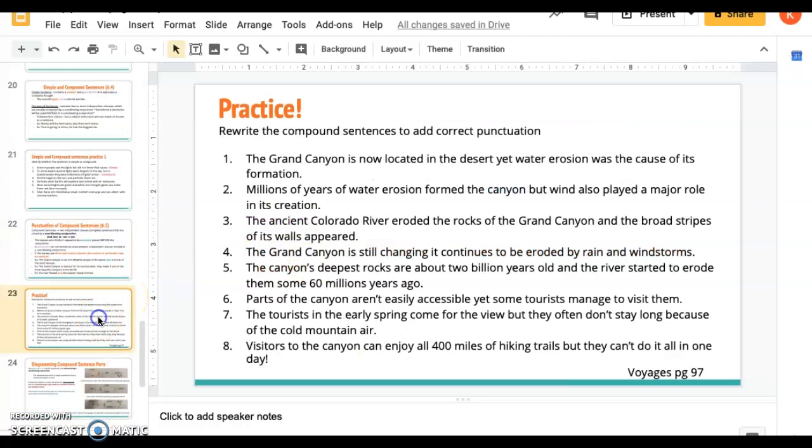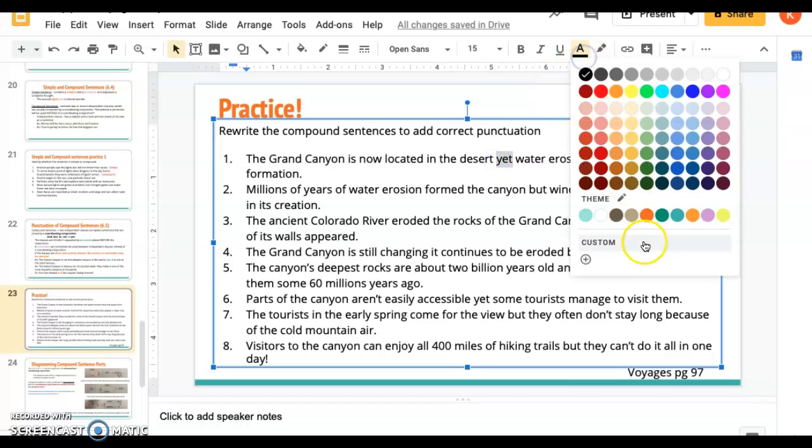And again, let's look at your practice. Rewrite the compound sentences to add the correct punctuation. Now, some of these can be done in a couple of different ways. Okay, so let's look at this. The Grand Canyon is now located in the desert, yet water erosion was the cause of its formation. So here, I notice that the word yet is in this sentence.